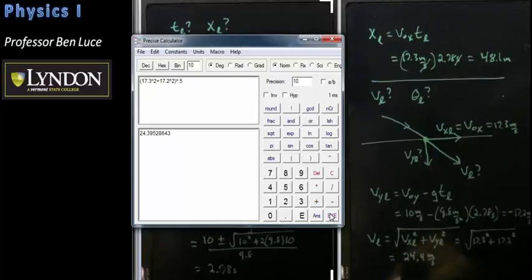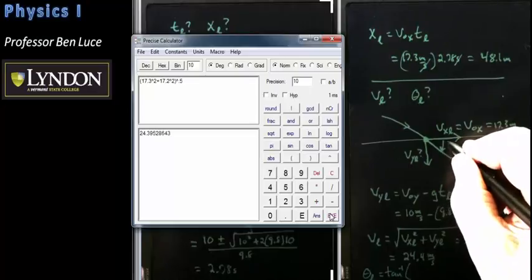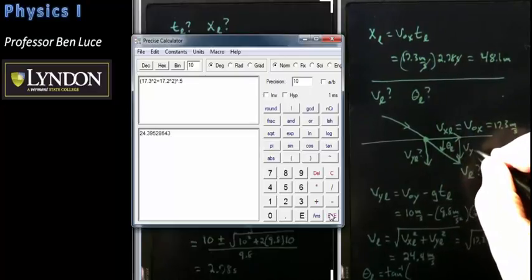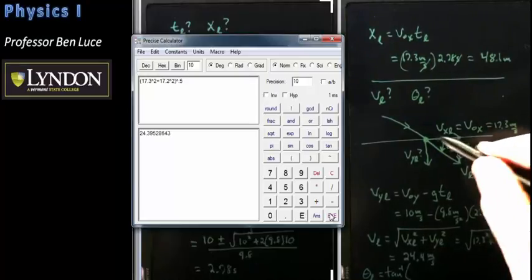Now, although VL is the same as the last problem, it will turn out that theta L is not. So we'll have to compute theta L, and using the geometry, theta L will be the inverse tangent of the opposite side over the adjacent.